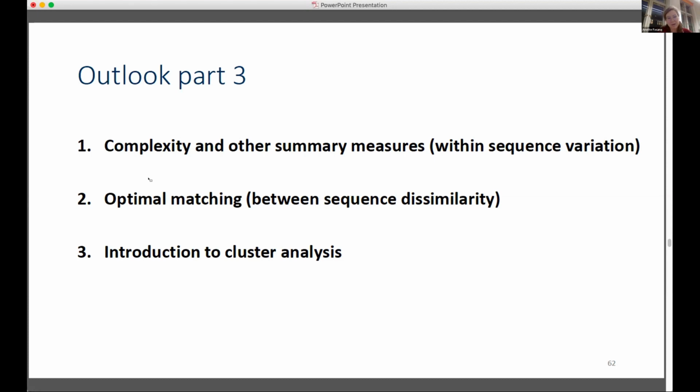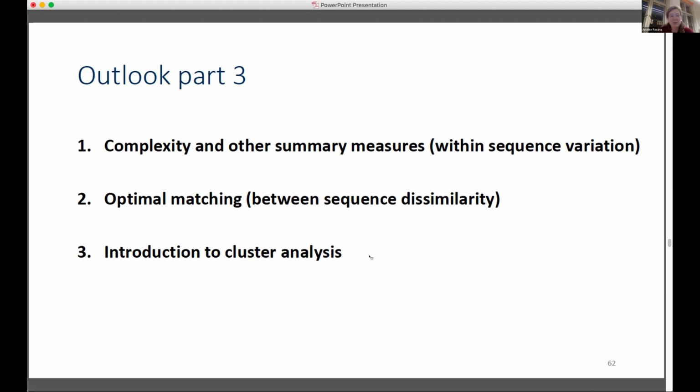And once we have this pairwise distance matrix that optimal matching gives us, we need to apply cluster analysis to actually come up with these typologies, as I showed you in the beginning. So we will hopefully give you enough information to sensibly apply cluster analysis in the context of sequence analysis without being able to go into much detail here, which of course is a big field of its own.